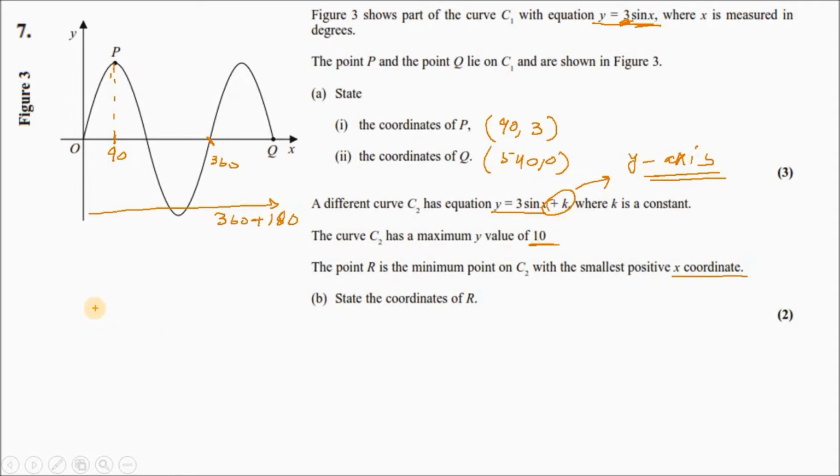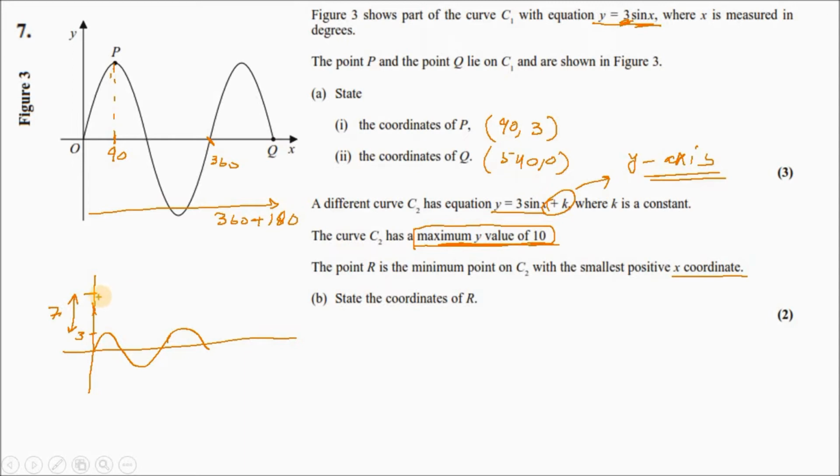Suppose you have a curve, this is the original curve I'm plotting here to show you. You know that this value is 3. Now they are saying the curve has a maximum y value of 10. That means you shift the curve's maximum value to 10. So from 3, it should be moved 7 units above to make it 10.